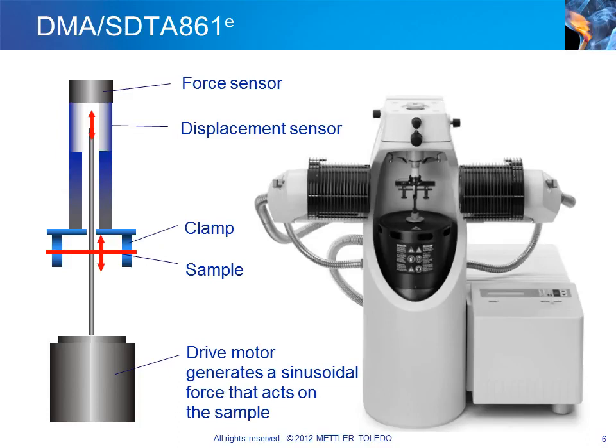The Mettler Toledo DMA differs from many conventional instruments in that the applied force is measured and that the sample can be prepared externally. A further important feature is that there is a temperature sensor close to the sample. This allows thermal effects to be simultaneously measured by means of SDTA.